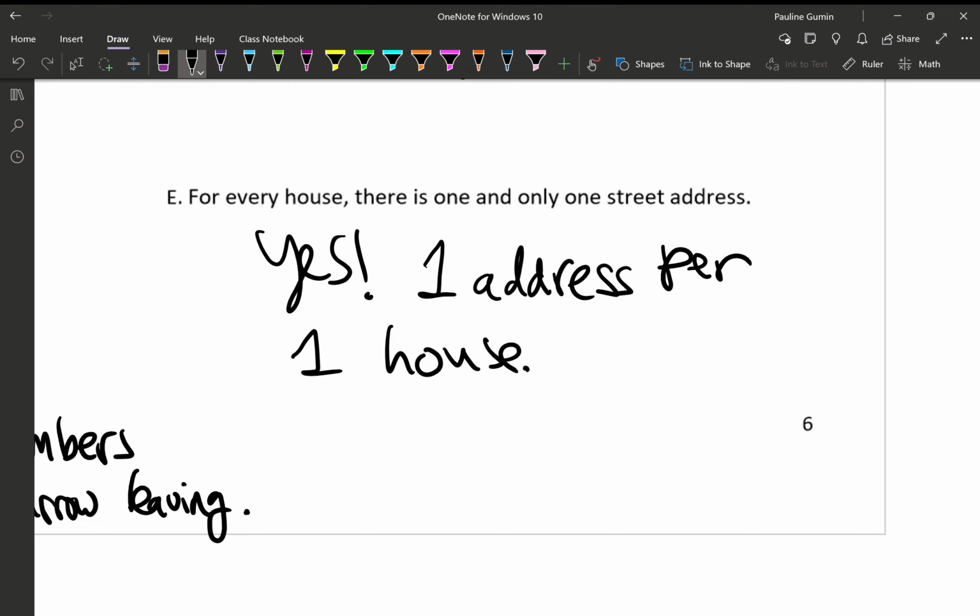Well, in apartment buildings, there's still only one address for that house. You just separate it based on apartments. It would still be 123 Home Lane, apartment B. 123 Home Lane, apartment C. So still one address for each house. They just separate it to make it easier for the mail.